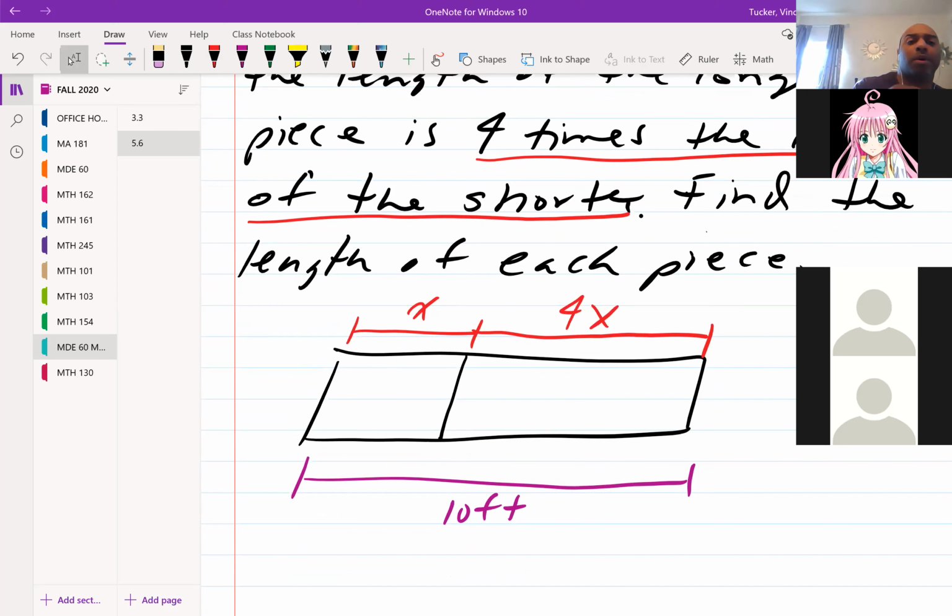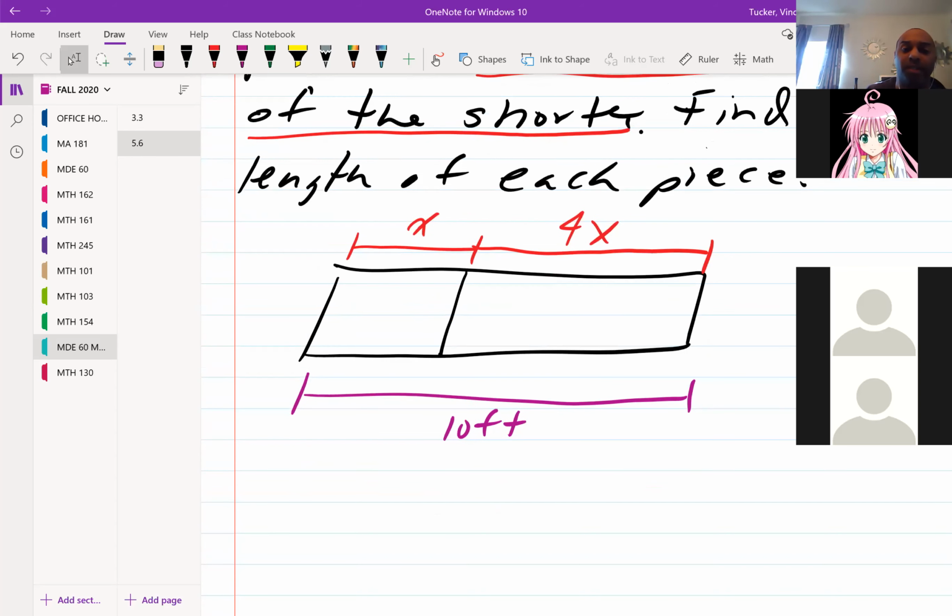So now you're talking about setting up an equation. We have an algebraic representation for the shorter piece. If you notice the way it's set up, we have this board that's 10 feet long, and we've broken it up into 2 pieces. Both of those pieces should add up to give me the 10 feet, right?